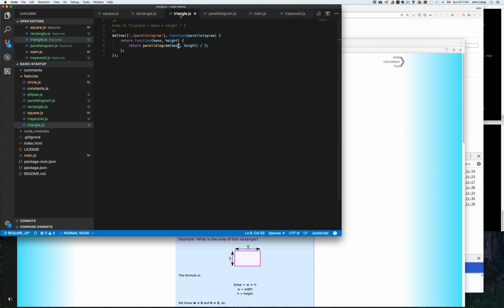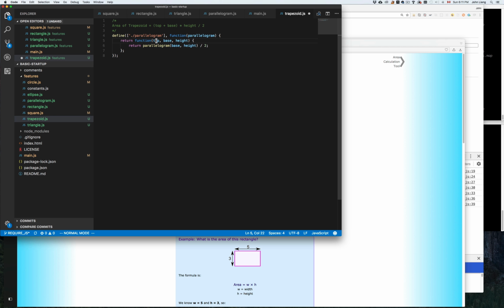So let's go to the triangle, copy, go to trapezoid, paste, area of trapezoid is the top plus the base times the height divided by 2. Okay, so in here we need to put the top.